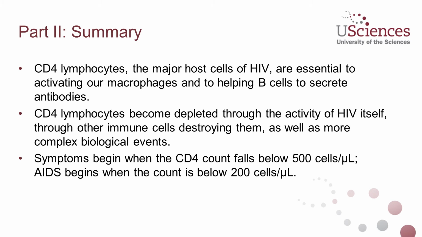And because other immune cells destroy these infected CD4 T cells, as well as the virus itself being harmful to them, the CD4 cells become depleted. Symptoms, however, do not usually show up until the CD4 count falls below 500 cells per microliter of blood. And when the count falls below 200, then we get the full-blown AIDS disease, which entails becoming very sick from a number of opportunistic invaders.